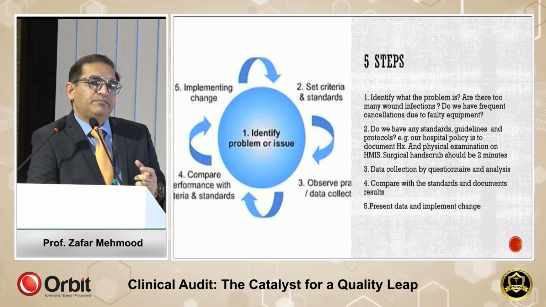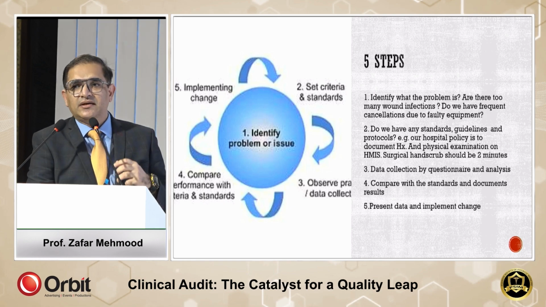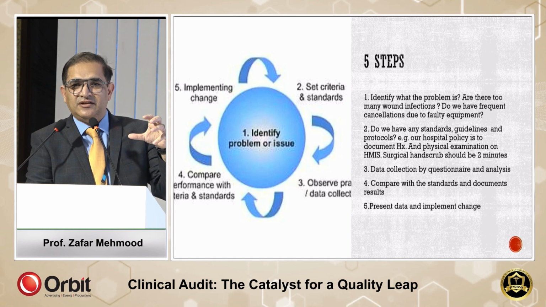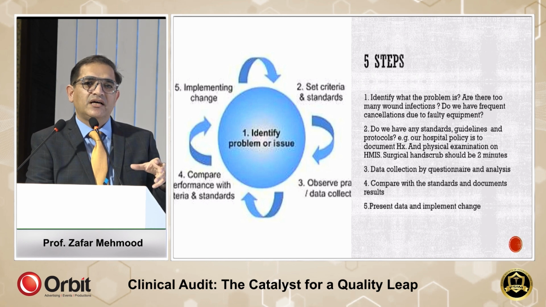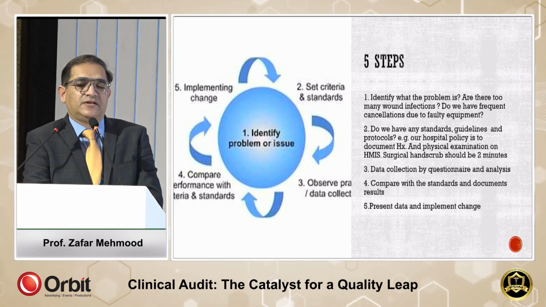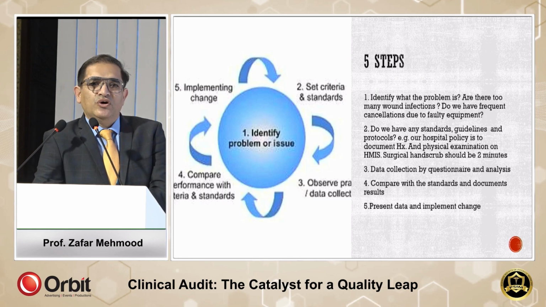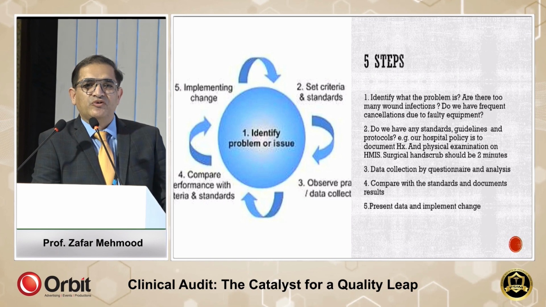The second step is we define audit, that this is obviously comparing your practice to a standard practice. So the second step is that you identify whether you have a guideline or pathway. For example, we all know that every non-ambulant patient, a medical sick patient or a surgical patient, should have prophylaxis Clexane.